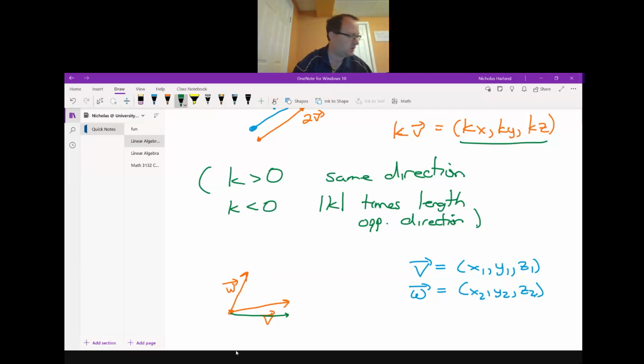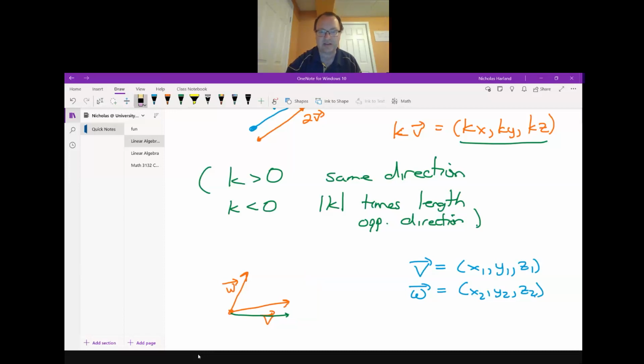We want to go x1 units, and then we want to go x2 units a little bit more. Same thing for the y's. We want to go y1 units up and a certain amount of more units, whatever it was for the w. So we want to end up up here somewhere.